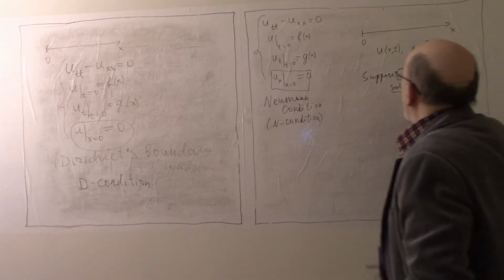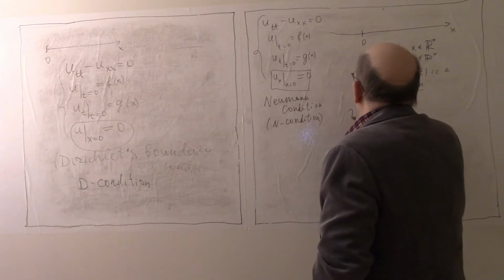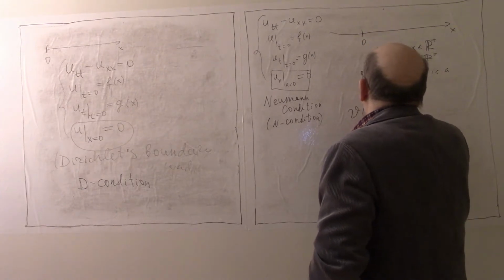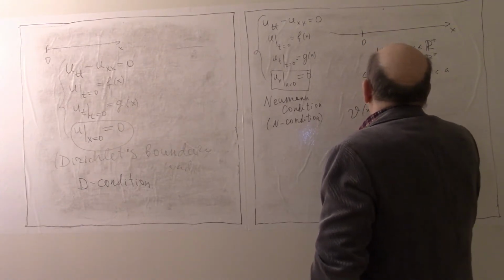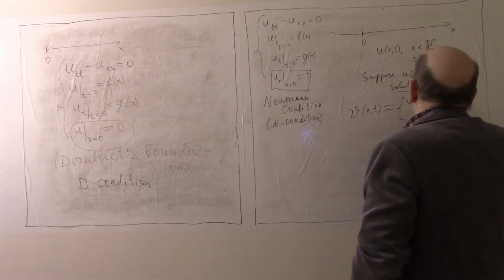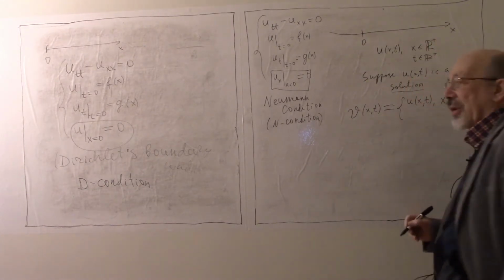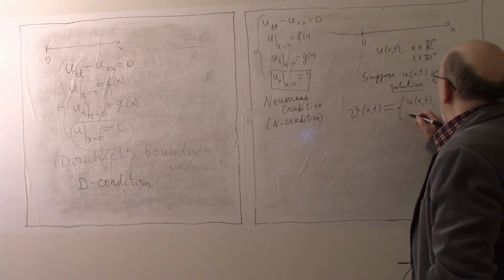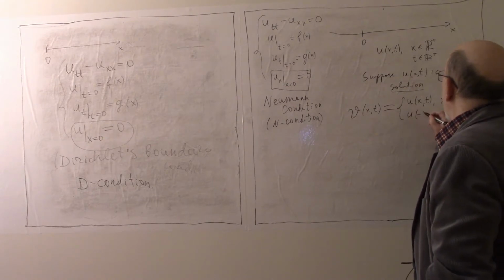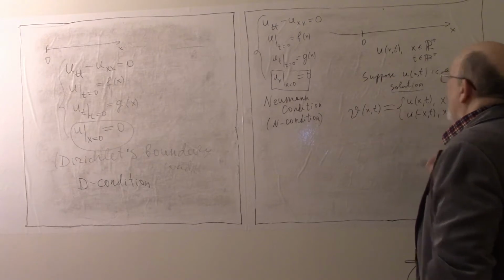Now we consider the function v of x,t such that it is equal u of x,t when x is positive, and u of minus x,t when x is negative.